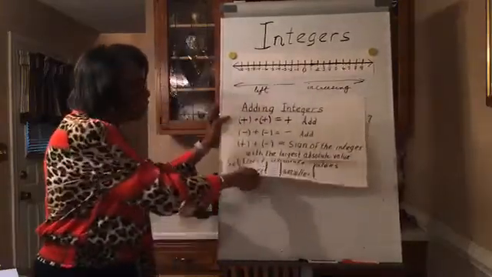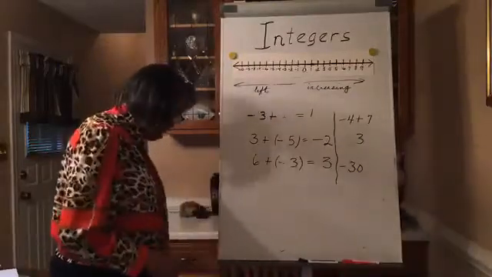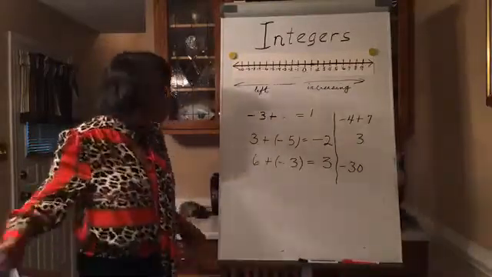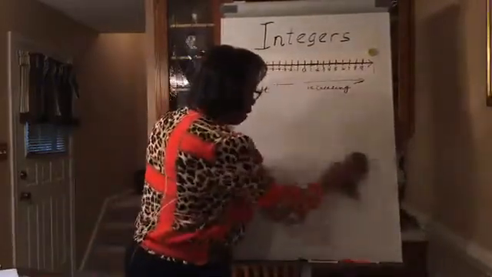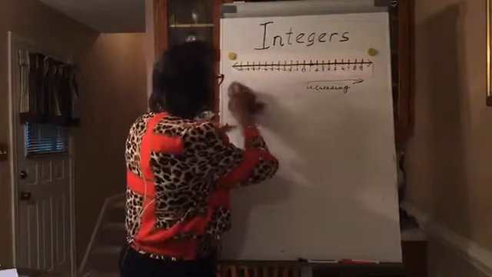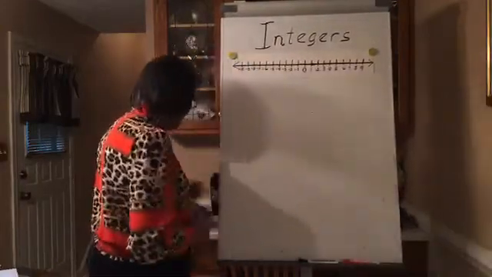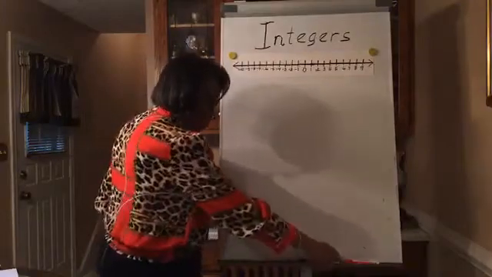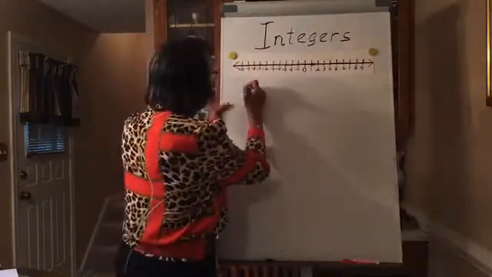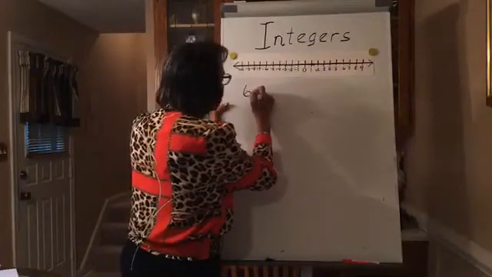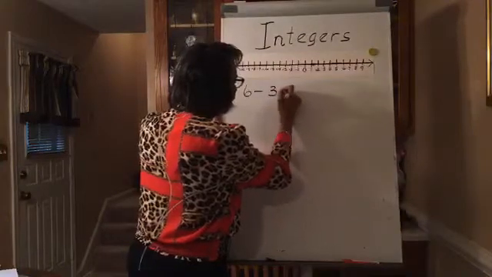All right, we have a few more minutes, so I may not be able to finish this, but I'm going to start subtraction of integers. So let's do some. We already know how to do positive 6 minus positive 3.